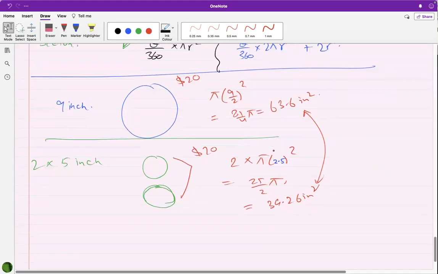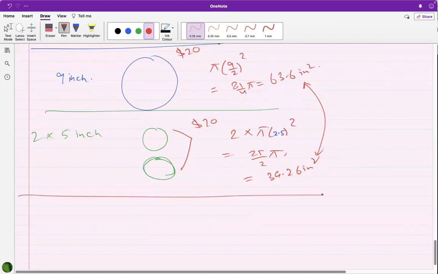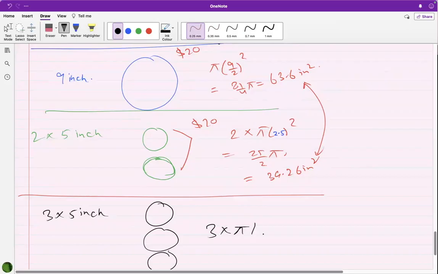No. And see, even if he offers you 3 5-inch pizzas, that's 1, that's 2, that's 3, that will be 3 into pi into r squared.